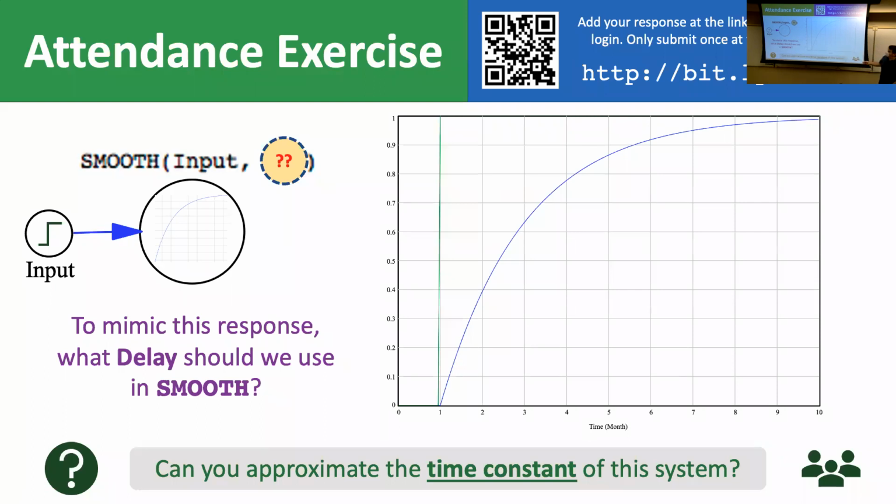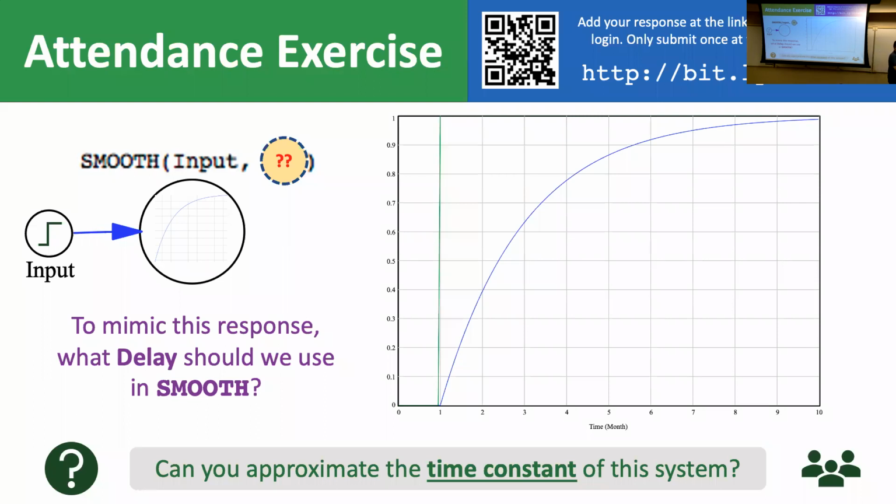So it's maybe hard to see, but this is 10%, 20%, 30%, 40%, 50%, 60%, 70%, 80%, 90%, 100%. So every tick on the vertical axis is 10%. And then down at the bottom, every tick on the horizontal axis is a single unit. So 0, 1, 2, etc. So given that it started rising at 1, what is the time constant of this system?